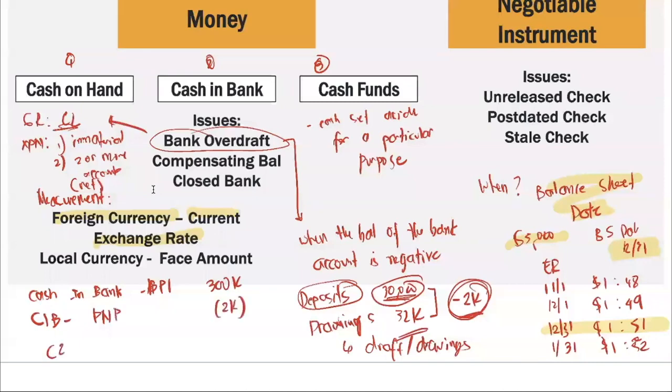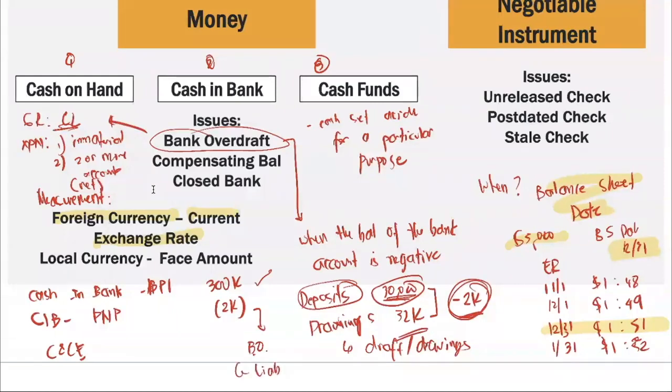So how much is your cash and cash equivalent? Of course, this 300,000 cash in bank BPI is cash. But what is this negative 2,000? This negative 2,000 is considered a bank overdraft. And how do we treat this bank overdraft? This bank overdraft is considered as a current liability.